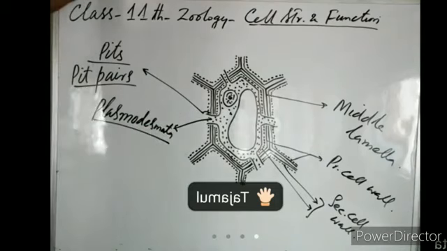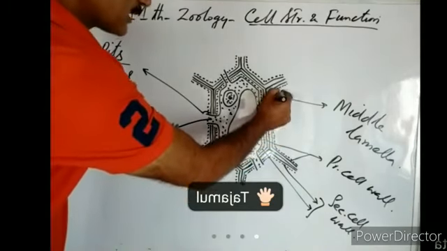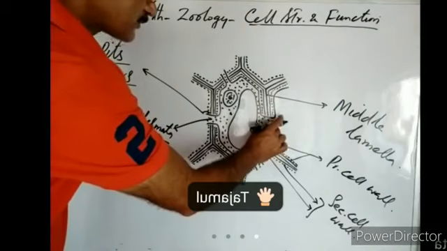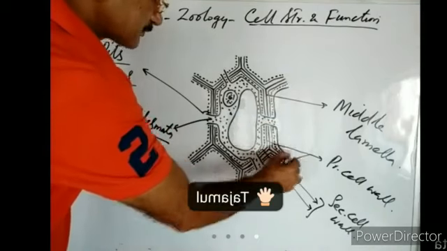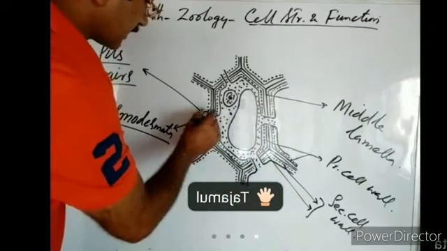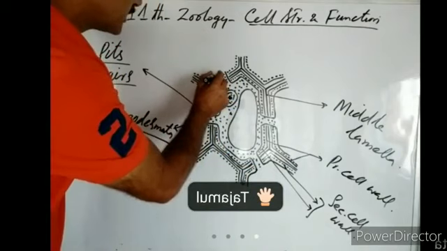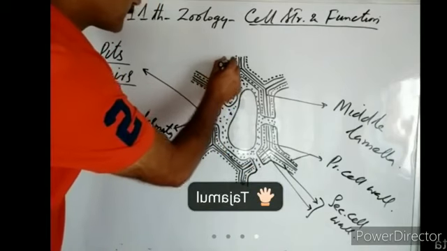These strands of cytoplasm, which pass from one cell to another and join with the cytoplasm of the other cell, are known as plasmodesmata.